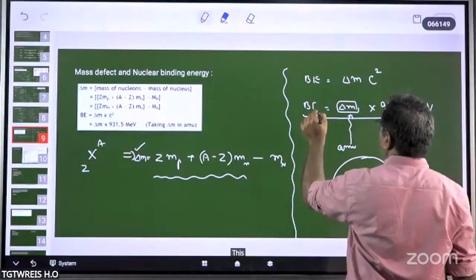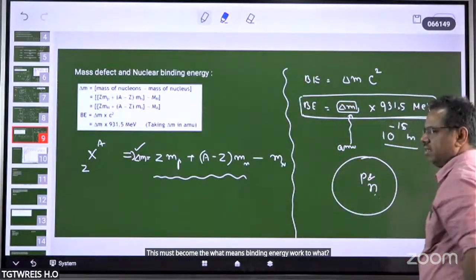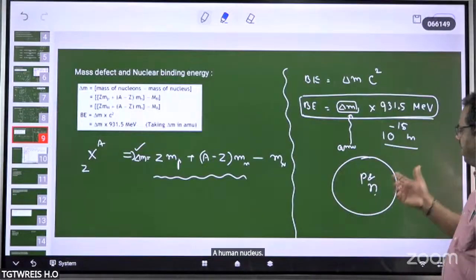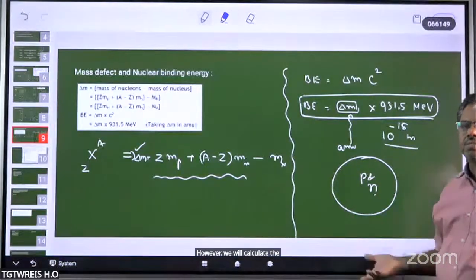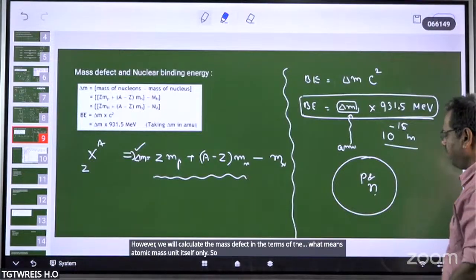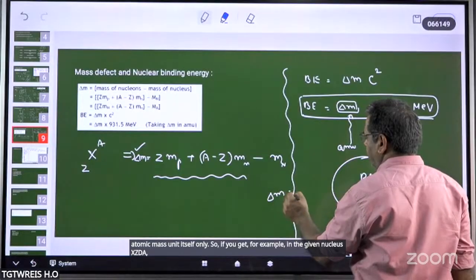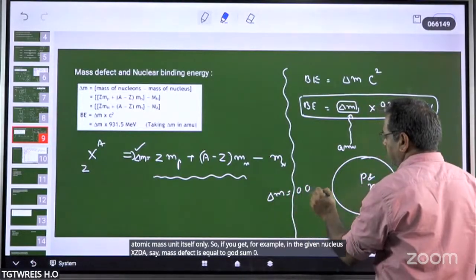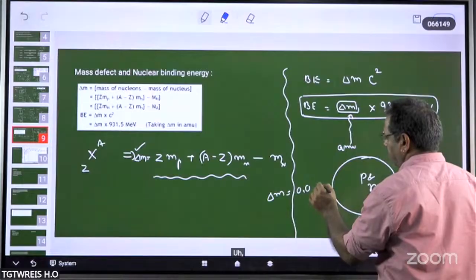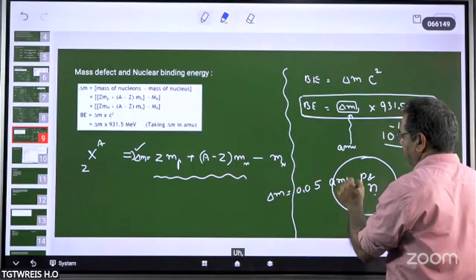This much will be the binding energy of a given nucleus. However, we calculate the mass defect in terms of atomic mass units only. So if, for example, in the given nucleus X, Z, A, the mass defect is 0.05 AMU.